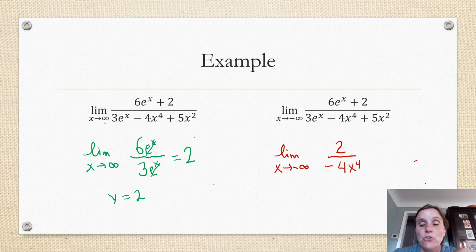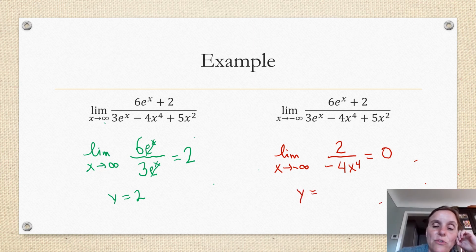So x is going to negative infinity. I have 2 divided by a really, really giant negative number. So that's basically 0. And so that means that this function also has a horizontal asymptote of y equals 0.